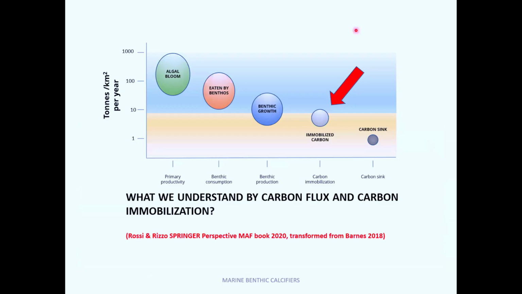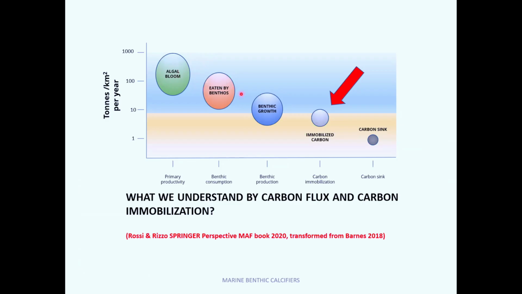And if you see here, there is an algal bloom of several hundreds of tons per square kilometer per year that are just fixed. The CO2 is fixed from the flux that comes from the atmosphere and enters the loop of the microphytoplankton.